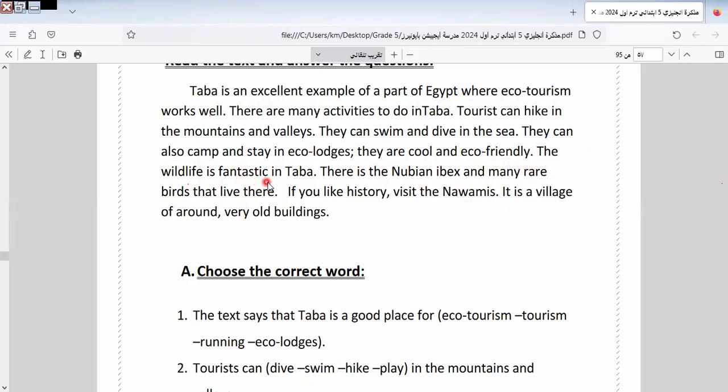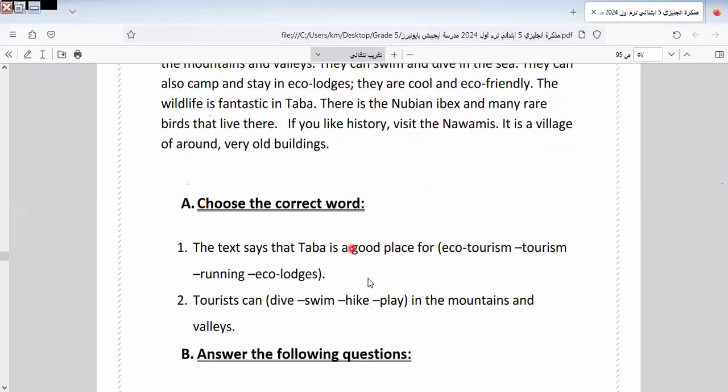The wildlife is fantastic in Taba. There is the Nubian ibex and many rare birds that live there. If you like history, visit the Nubians. It's a village of around very old buildings.